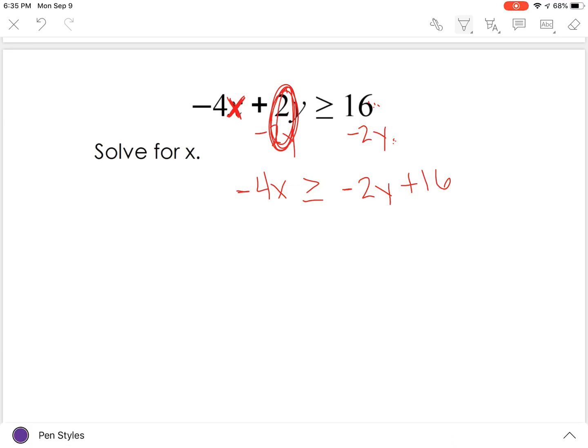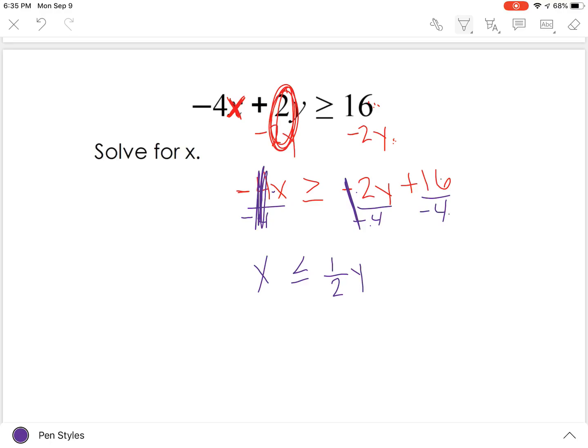The opposite of multiplying by negative 4x is dividing by negative 4. So I'm going to divide every single term by negative 4. This just simplifies to 1. Since we divided by a negative, our sign is going to flip. Negative 2 divided by negative 4 becomes a positive half or 0.5, however you want to write it.